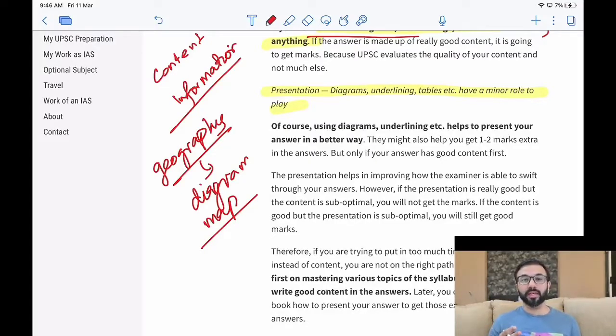Unless it's a geography question, unless it's a question where you need to provide a certain diagram to get to a particular point, if you need to provide a flow chart to show the process flow, then only you need the diagram, right? If it's a history question, if it's a simple economics question where there is no diagram needed, then you can definitely just do with writing good content, and that will really get you good marks.